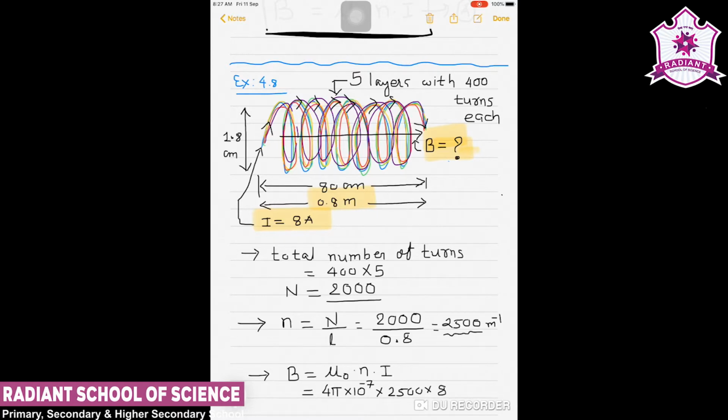If we solve this, we get about 2.5 into 10 raised to minus 2 Tesla. So this is example number 4.8, which is related to solenoid.